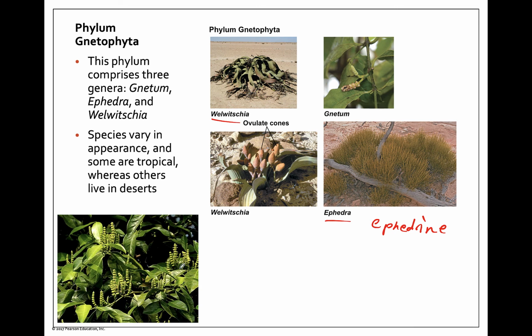They have these kind of flowering pods that almost look like a fruit, but these are actually cones. So these are really different plants. They look very different in very different environments. This phylum Gnetophyta is mostly developed through molecular data. So DNA sequencing is what tells us that these plants are closely related to each other.